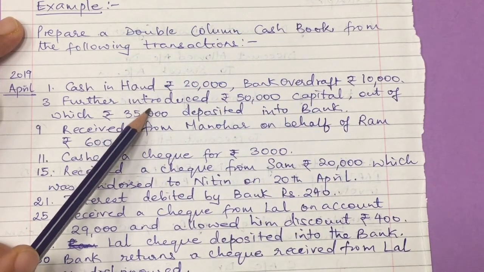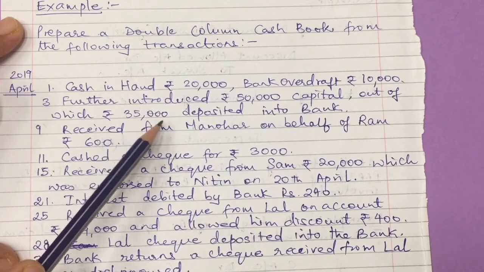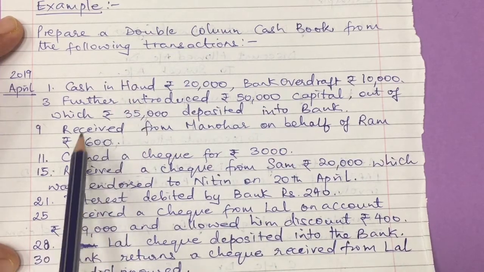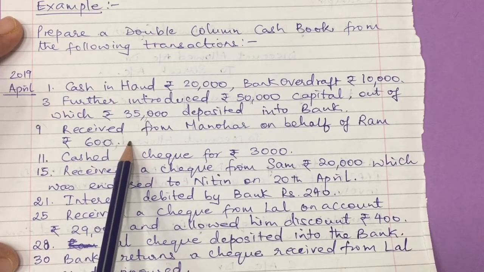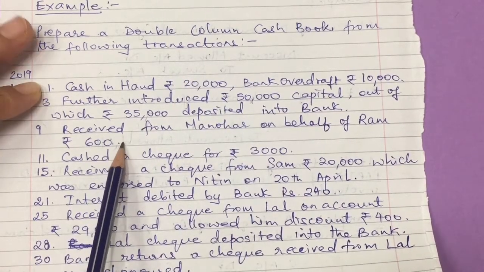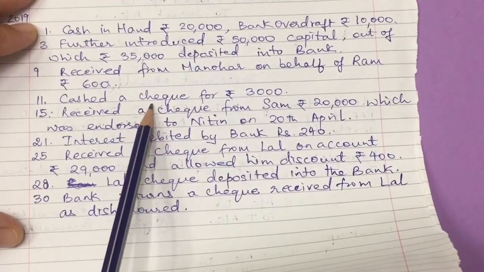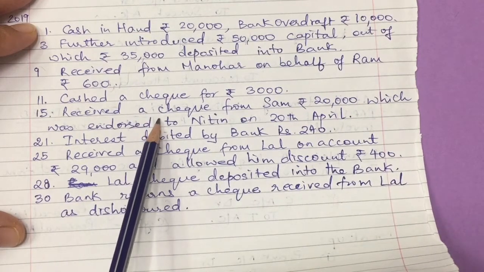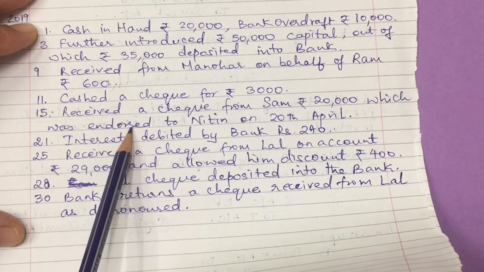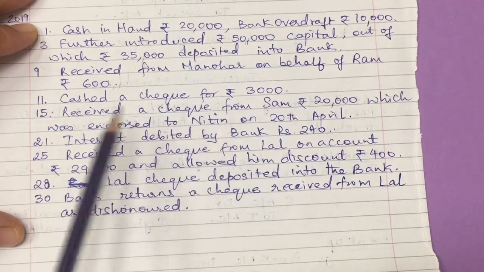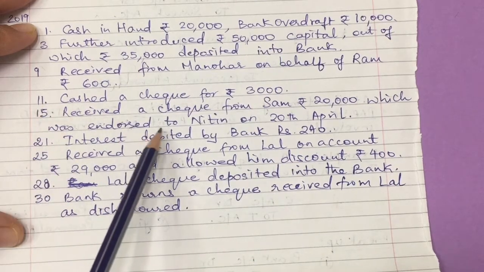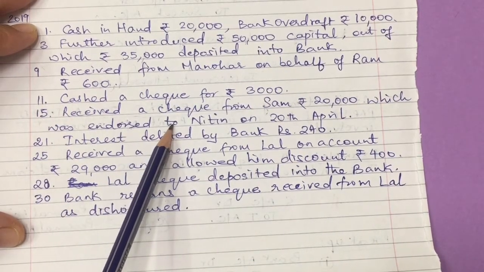This is the capital which I have introduced into my business, and out of this, 35,000 I have deposited into bank. Now received from Manohar on behalf of Ram rupees 600. Cashed a check for rupees 3,000. Received a check from Sam 20,000, which was further endorsed to Nitin on 20th April. This I have received on 15th of April from Sam, but I have endorsed to Nitin on 20th of April.